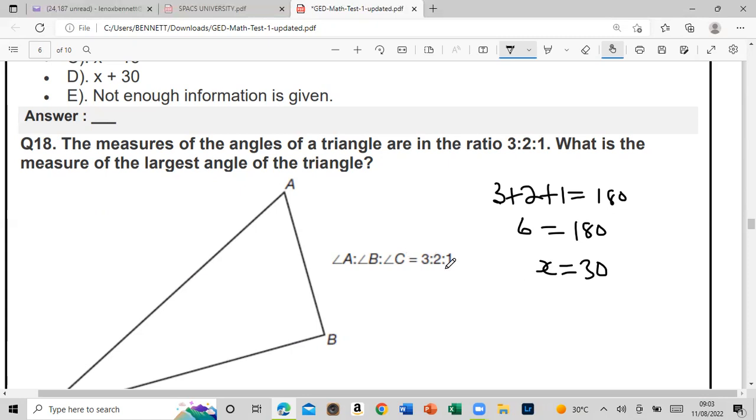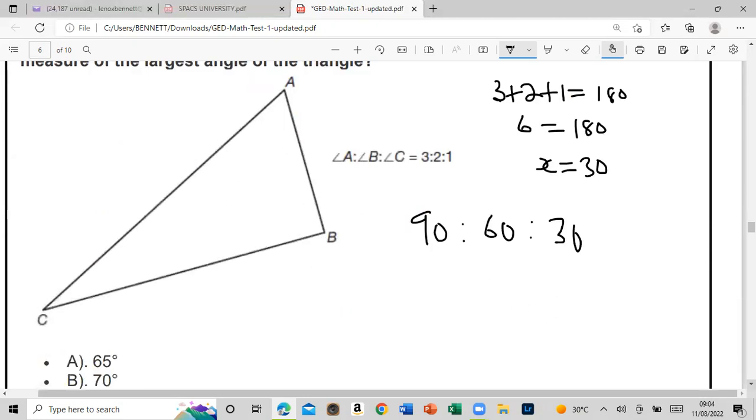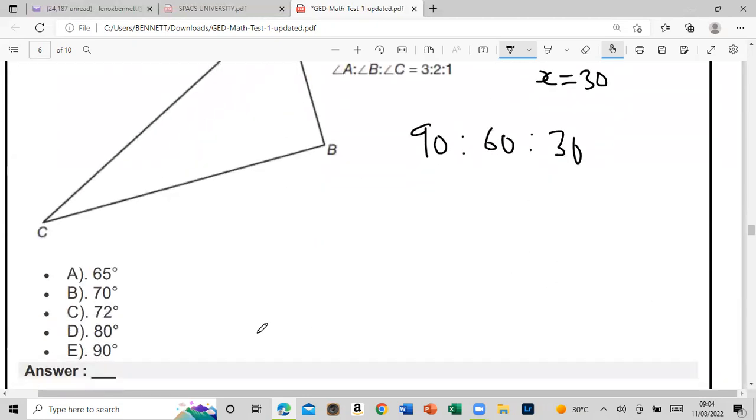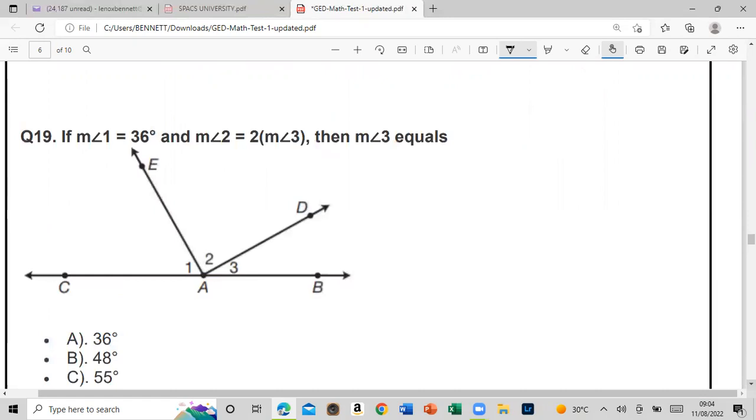So 2 will be 60. 3 times 30 will be 90. So the angles are 90, 60, and 30. So it's the largest angle they want, so that's 90. I'm going to stop at 20 because I might get sick or something.